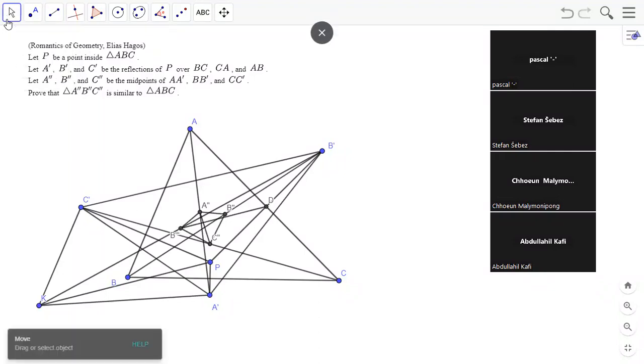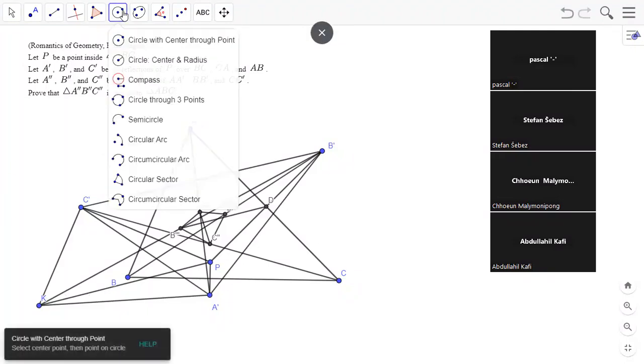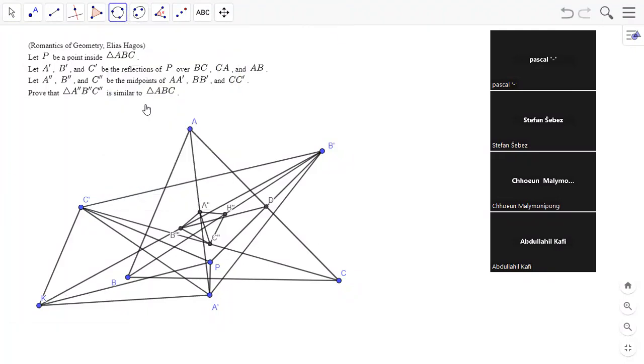And I wonder if this is cyclic right here. I think it is, right? Because since this angle equals angle B, this would be cyclic.